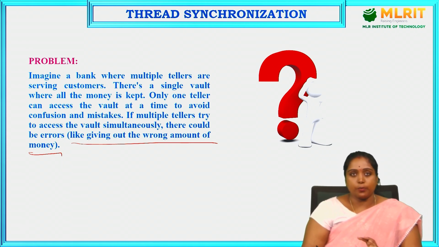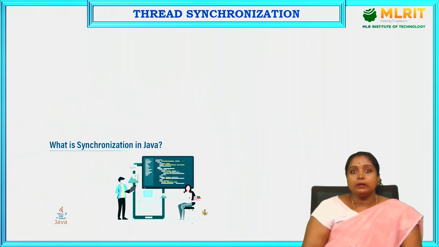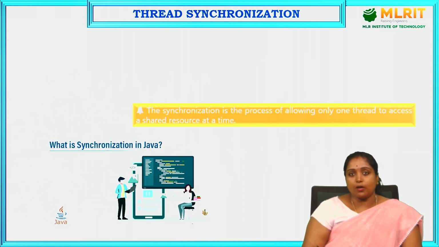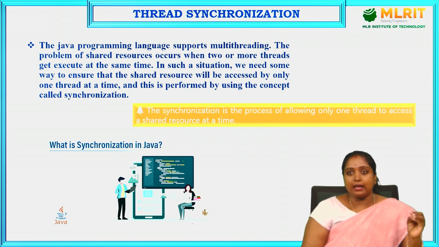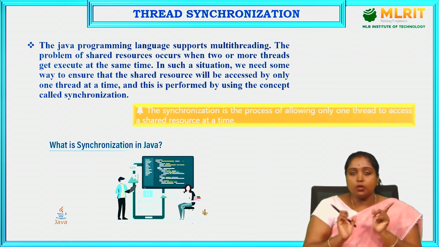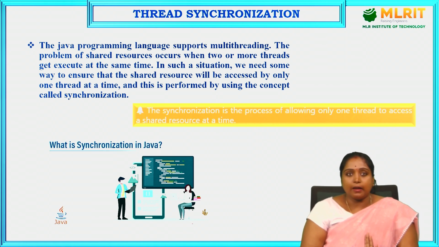So this was a problem. How are you going to solve the problem? This problem is called synchronization. So what is synchronization? Synchronization is a process of allowing only one thread to access a shared resource at a time. In order to use a particular room, only one person should access it at a time.